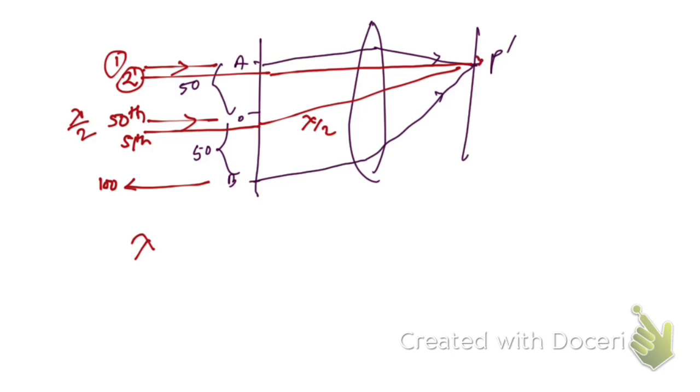That's why in that case we're gonna get dark when the light waves originating from A and B are traveling different distances that differ by the wavelength lambda, right? Hope you have understood this.